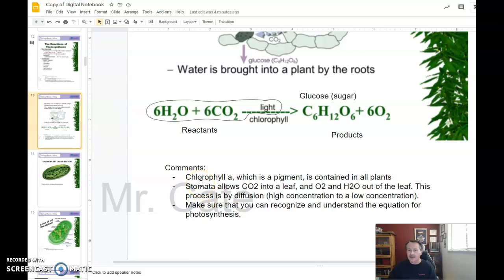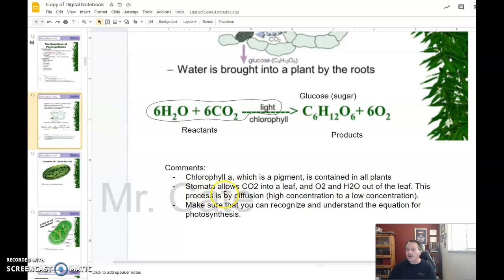Just that the first one here, chlorophyll A, yes, there is chlorophyll B, but chlorophyll A is found in every single organism that photosynthesizes. Okay, every single one, whether it's a little protist or whether it's a big redwood tree. All of them contain chlorophyll A. All right.